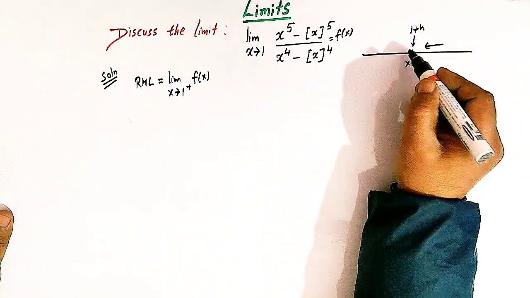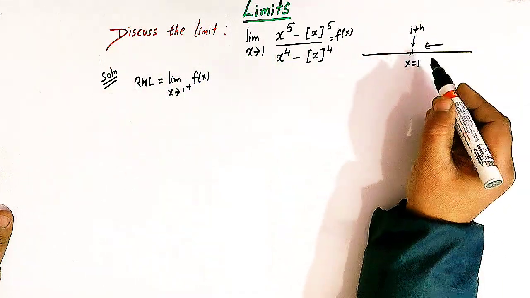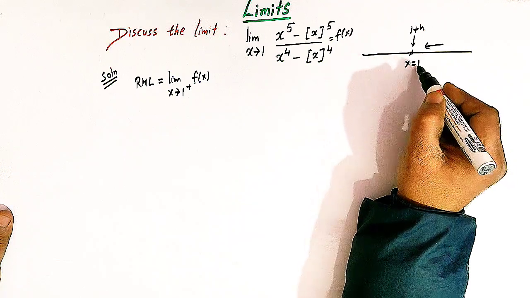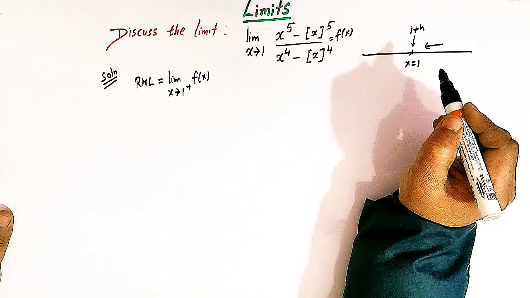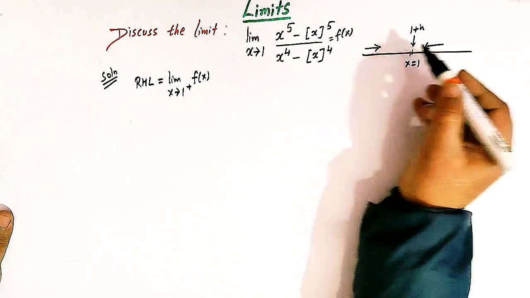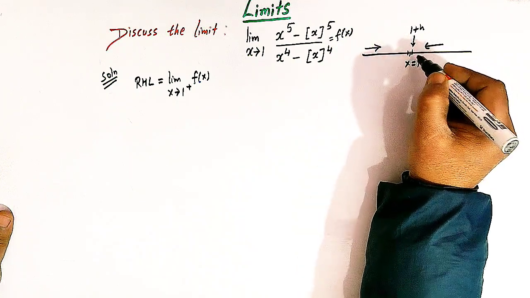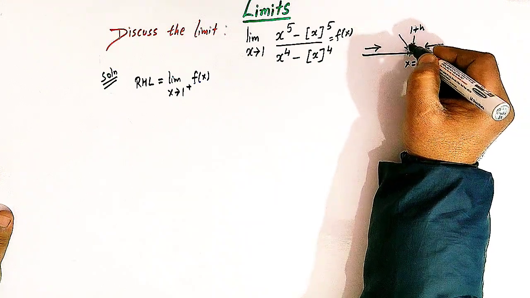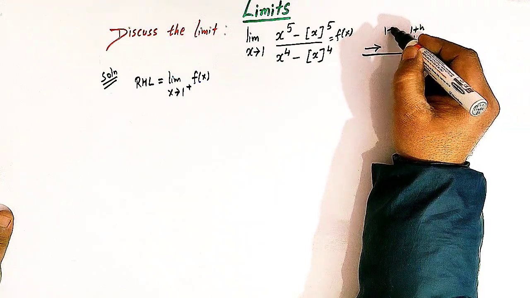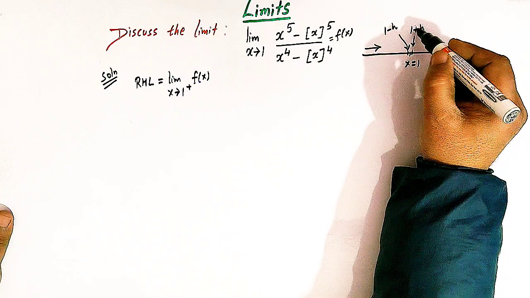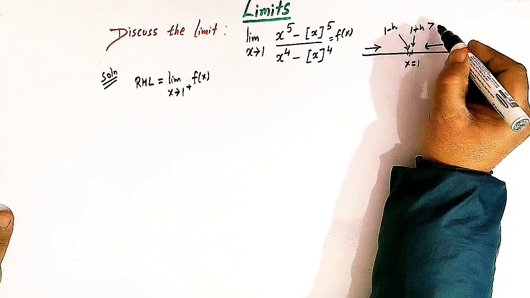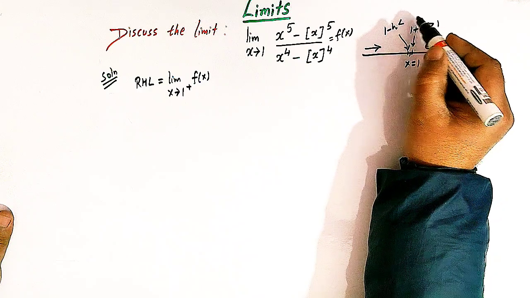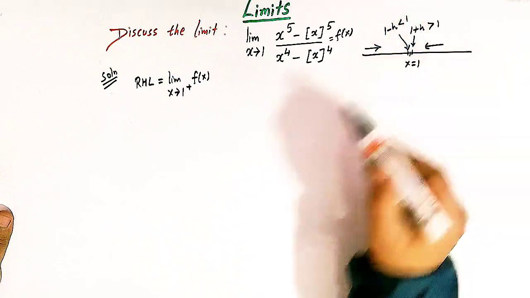Similarly, when we find the left hand limit, we approach x equal to 1 from the left, and we take a point in the left neighborhood, which may be taken as 1 minus h. So 1 plus h is obviously greater than 1, and 1 minus h is less than 1.